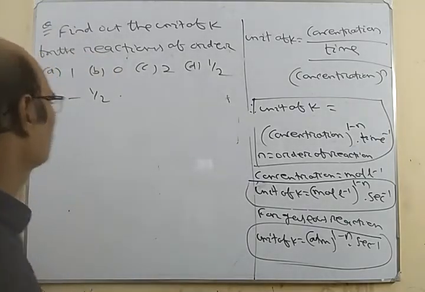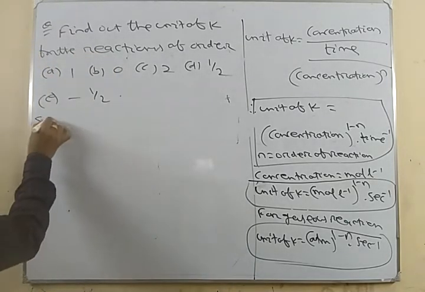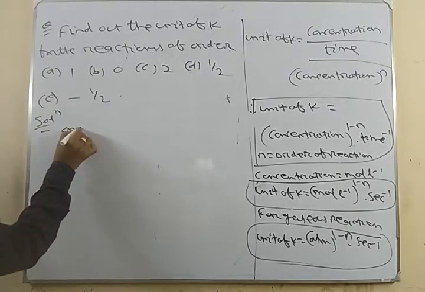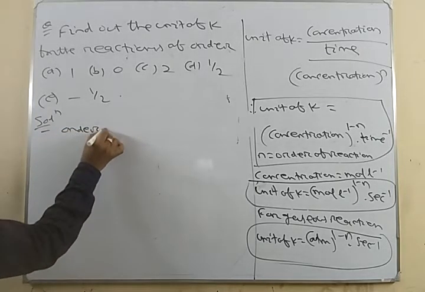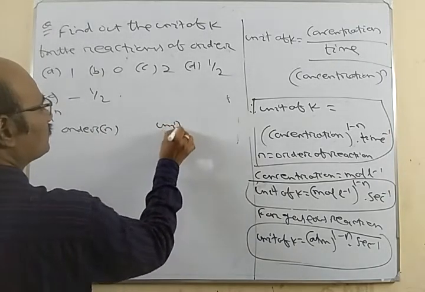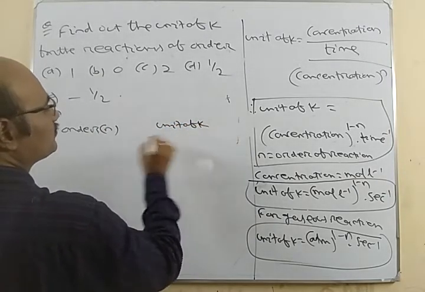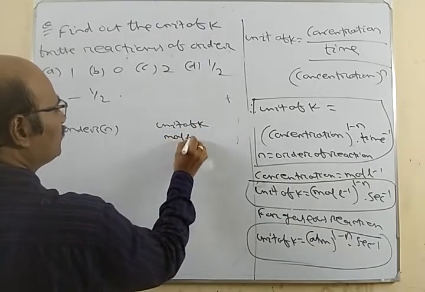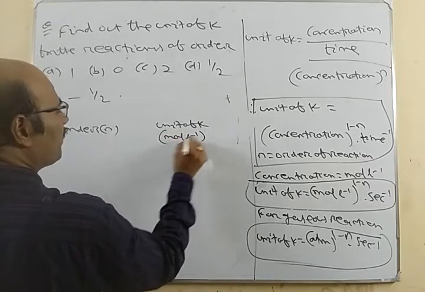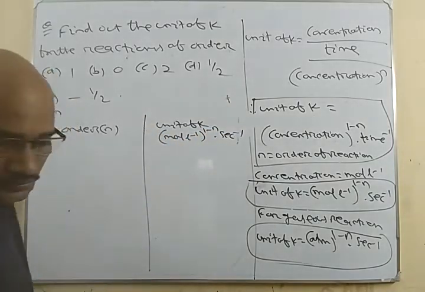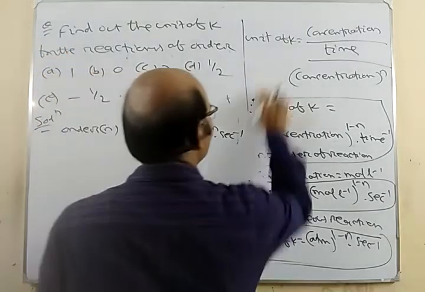Let's see how we can find it. Here the order is n. Now the unit of K is equal to mole per liter to the power 1 minus n into second inverse. Let's see.